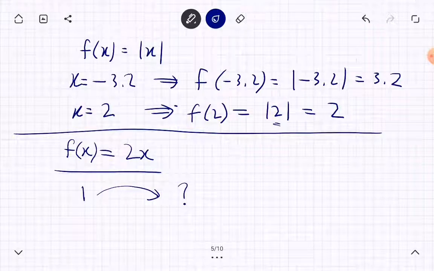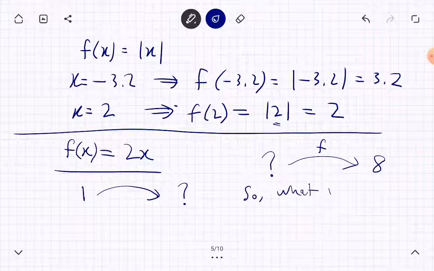Now let me give you a different situation. I do not know what the input is, but I give you the output. The output is 8. So this question mark here is x, right? It's pretty much the input or the object.